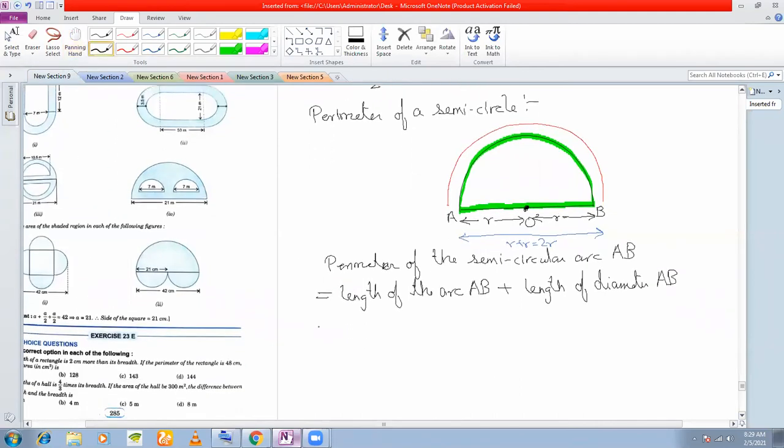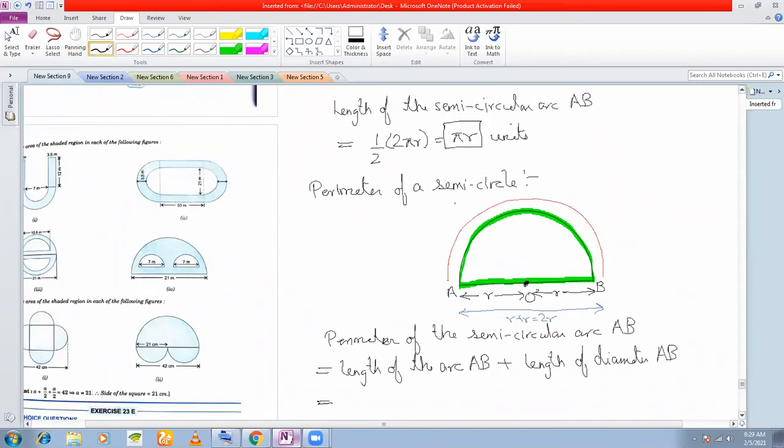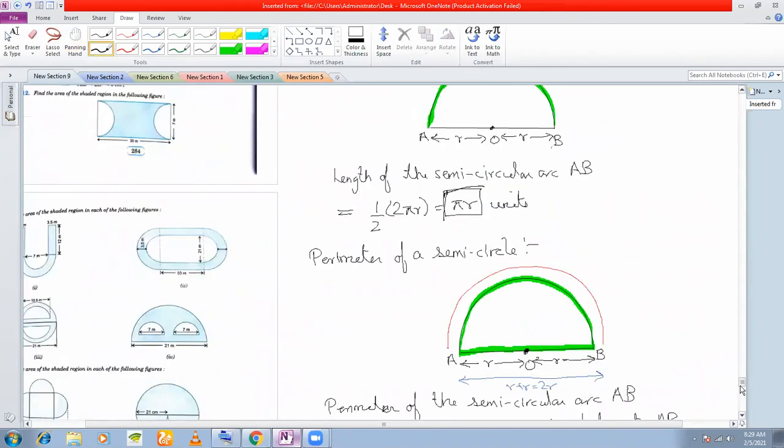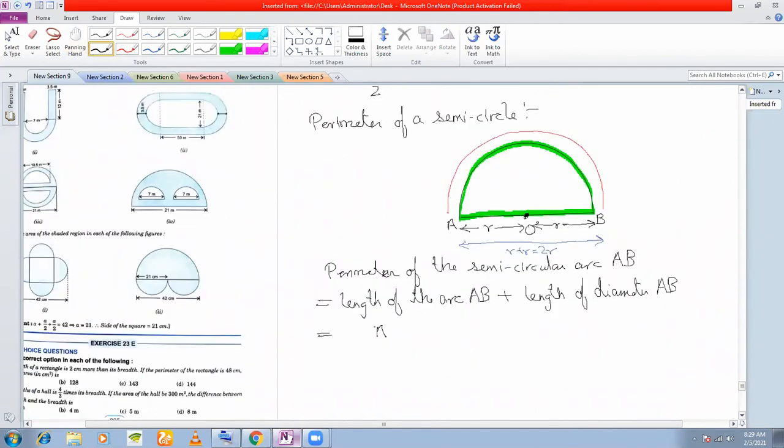What is the length of this semicircular arc? We have just found out that the length of the semicircular arc is pi r. So we put it here: pi r plus the length of the diameter, 2r. Now you can take r common, you get r into pi plus 2. So remember that the perimeter of a semicircle is r into pi plus 2. You have to remember these results in order to work out problems from this chapter.